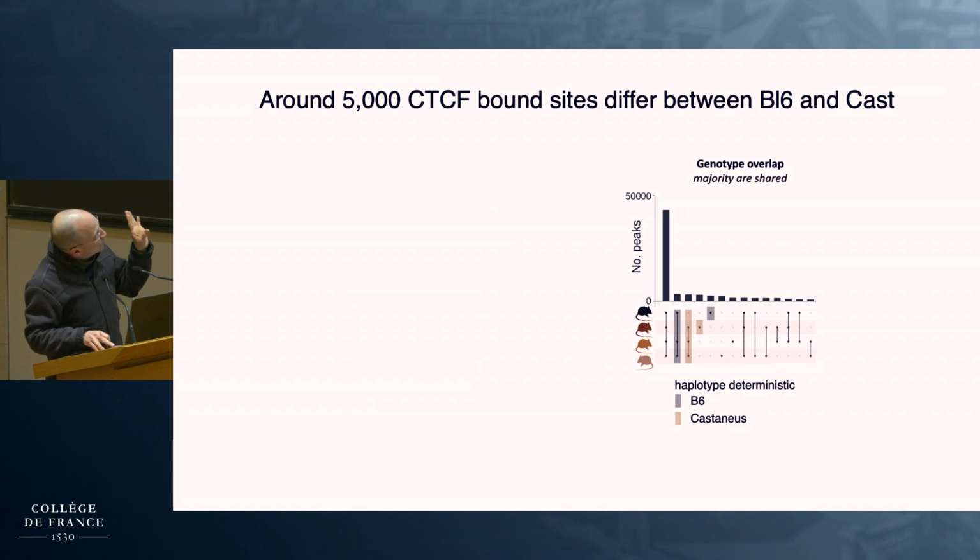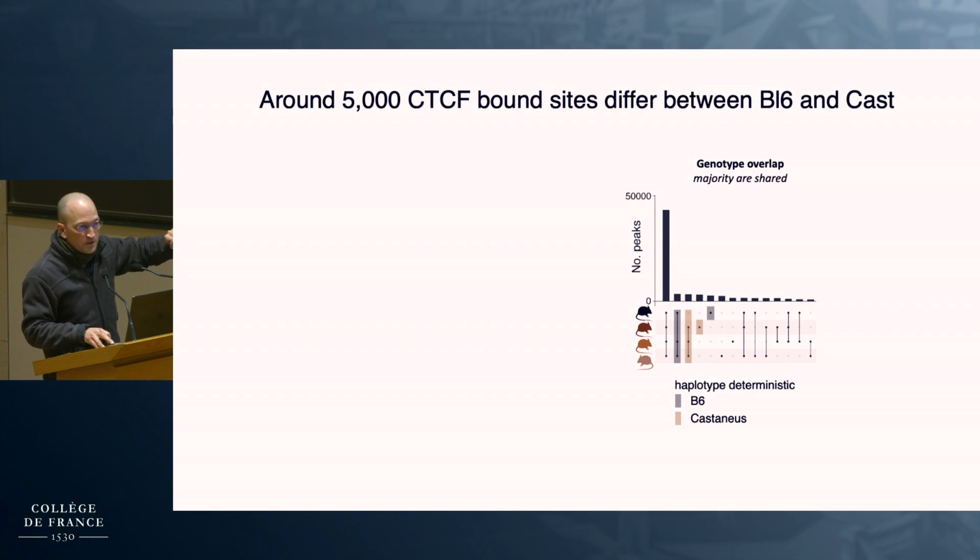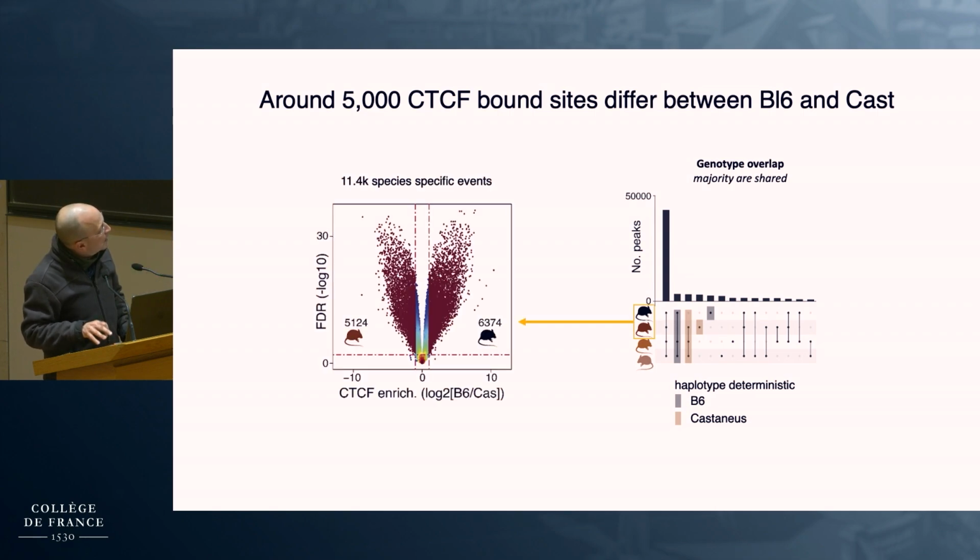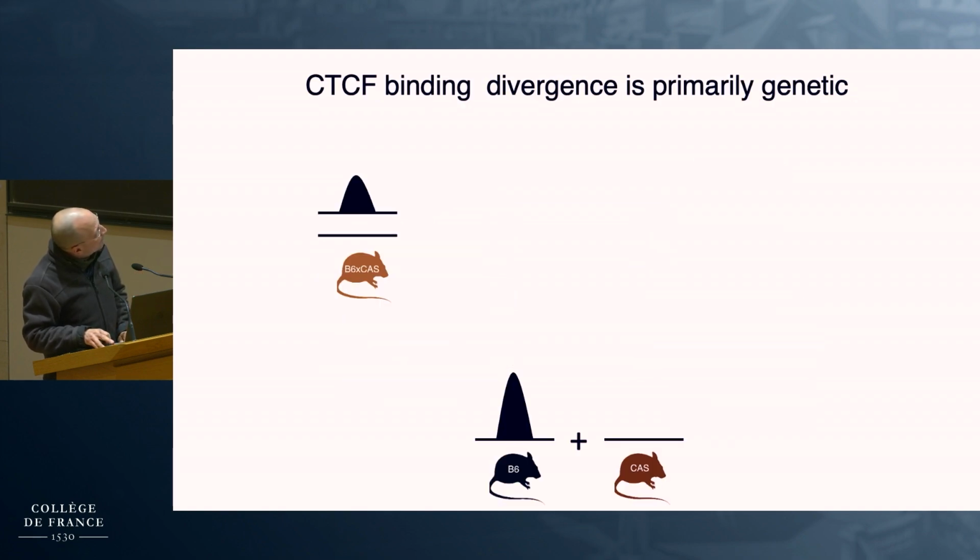And then what we were able to do is look at how many of the sites between the two strains were lineage specific, were species specific, as I'll use that here slightly loosely. Most are shared, which is good because that's what you would expect for such closely related strains. But we were able to find about 11,000 peaks that were lineage specific. And we used those to further dissect what was going on.